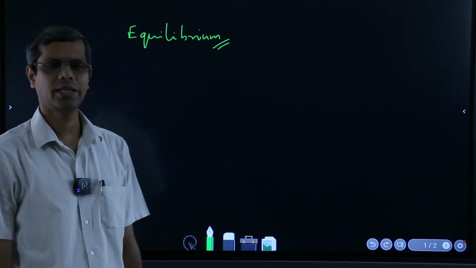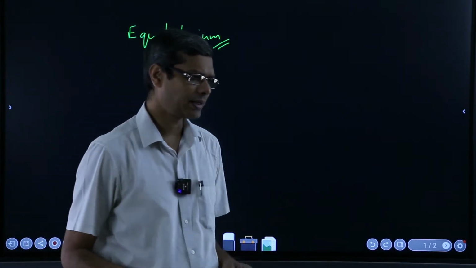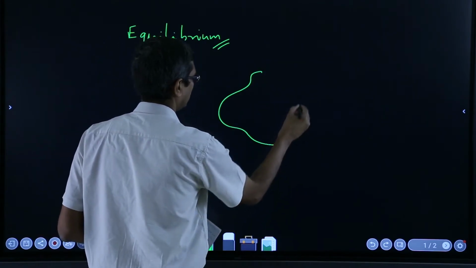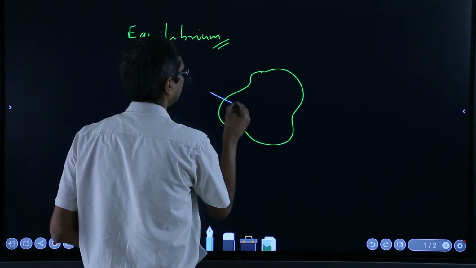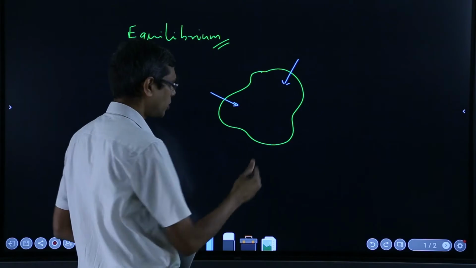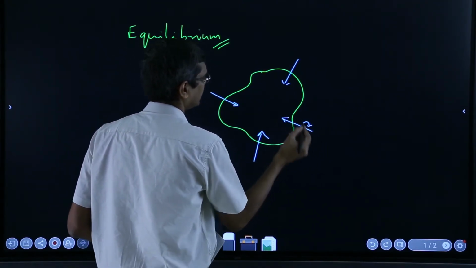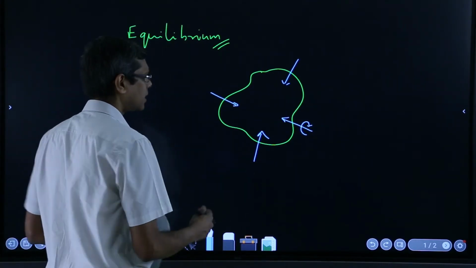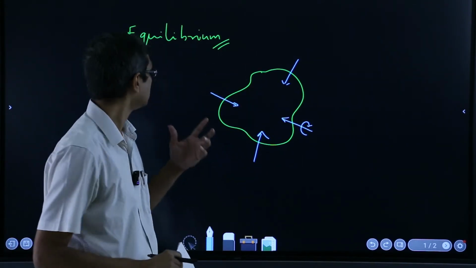And when we say equilibrium, if we want to technically define it in a single sentence, we can say that if a system, now we are quite familiar with this, that means a body or a number of bodies connected with each other, and many forces and couple moments are being applied on that body, and that whole thing we call a system.